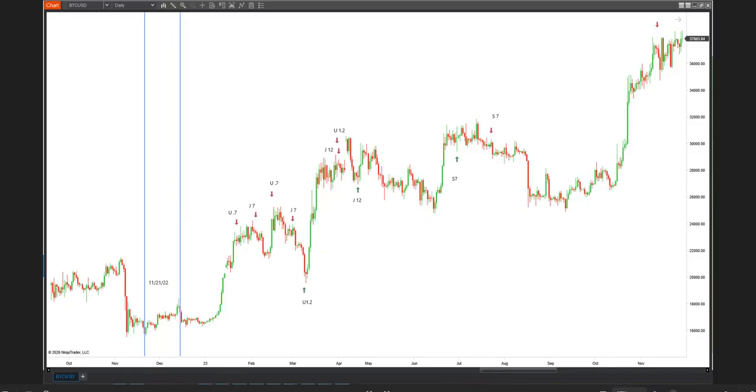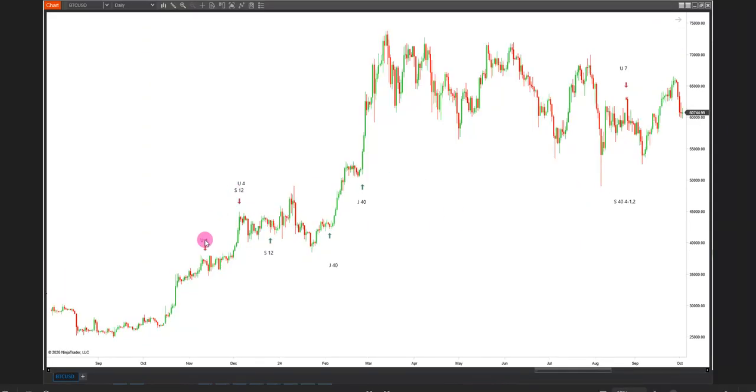Moving to the second example chart. These projections are coming off the same anchor point. You can see how we're further ahead in time. We're now at the end of 2023, moving into 2024. We have Uranus 4 degrees at the area of a minor high. Here we have Uranus and Saturn coming together at the high.